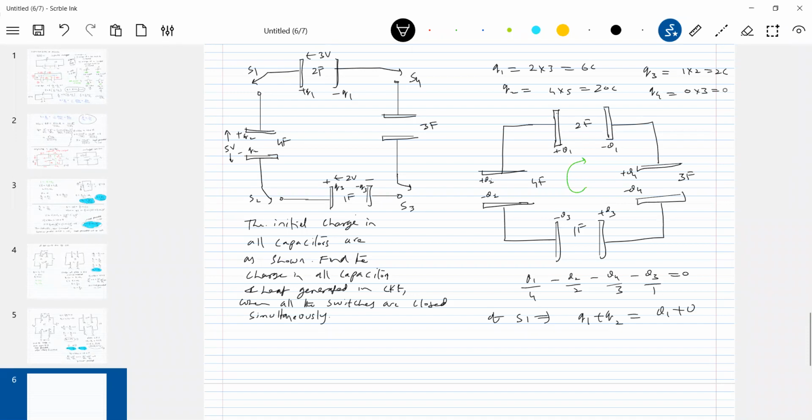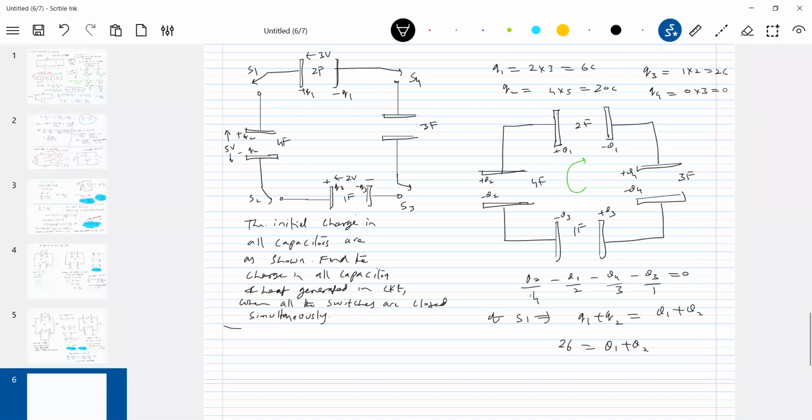Final charge, Q1 plus Q2. Here also some change will come. Plus Q2 by 4 minus Q1 by 2. This is one value. So we know Q1 plus Q2 how much? 26. So this 26 equal to Q1 plus Q2.